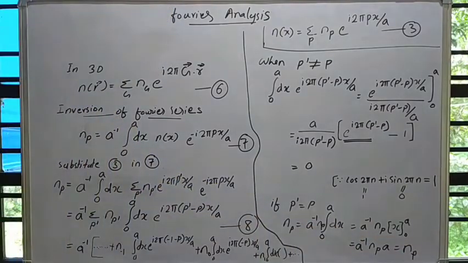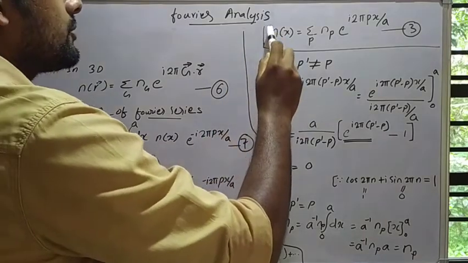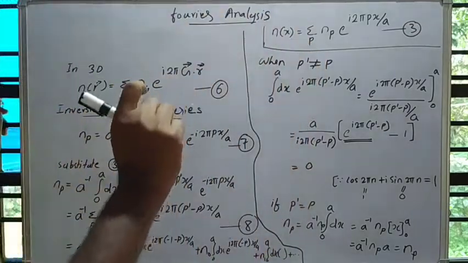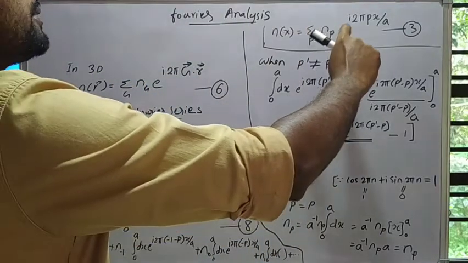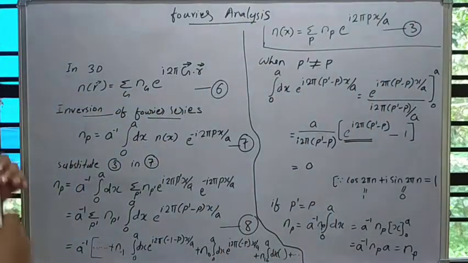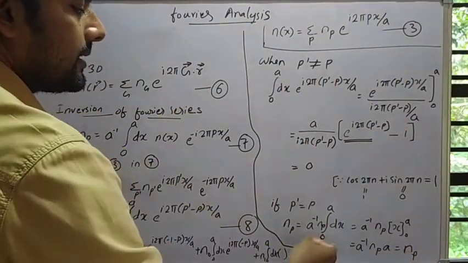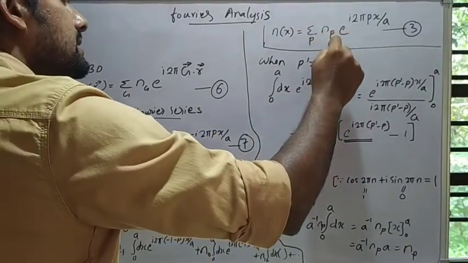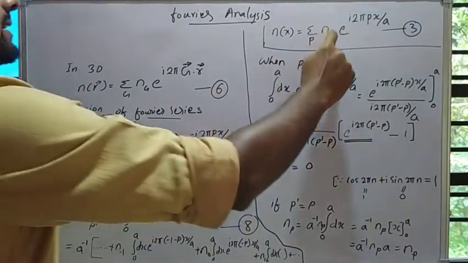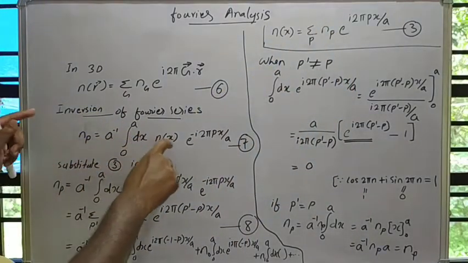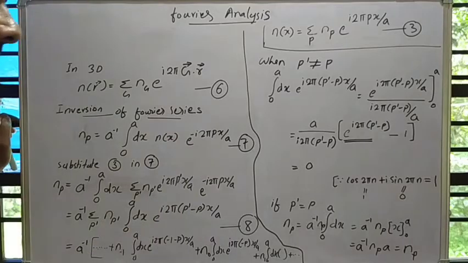That means this is the compact equation for number density at position x, which is equal to the sum over p of n_p e^(i2πpx/A). This tells us we can define the constant n_p as A inverse integral 0 to A dx n(x) e^(−i2πpx/A).